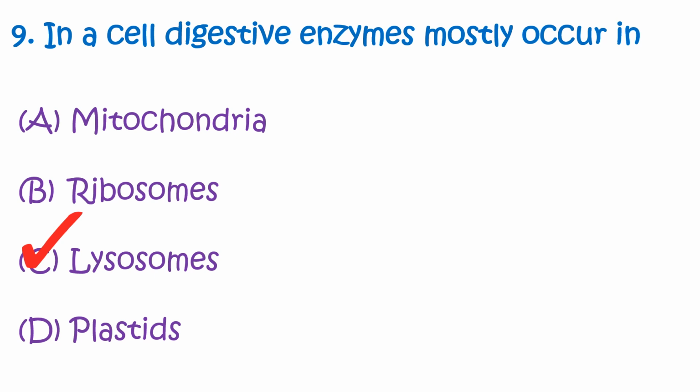The mitochondria is also known as the powerhouse of the cell, and it helps in the formation of energy in the form of ATP. The ribosome helps in the synthesis of the protein, and the plastids have chlorophyll which helps in the photosynthesis. So here the correct option is lysosomes.